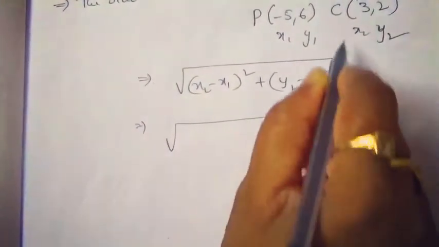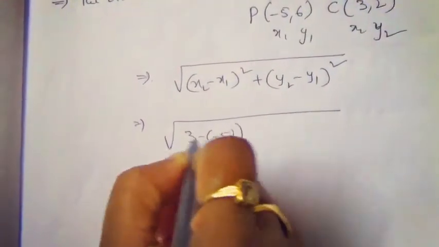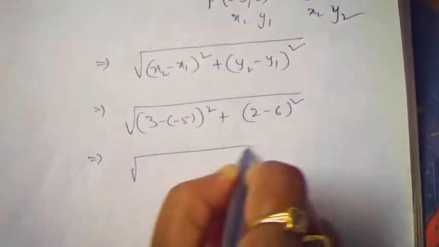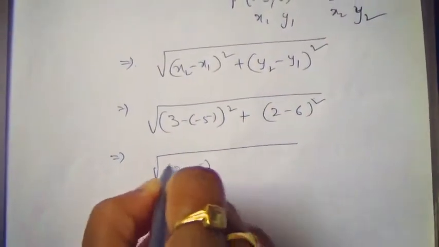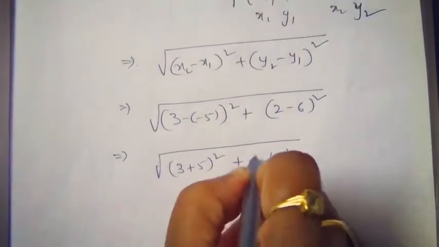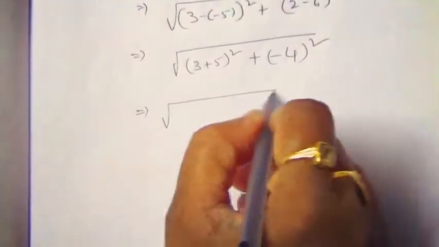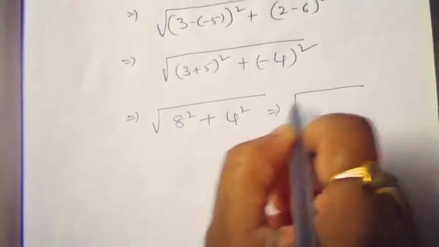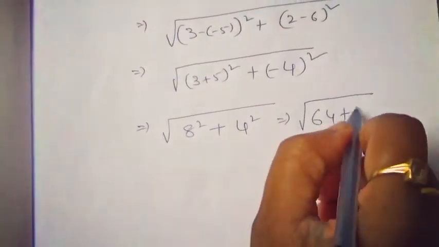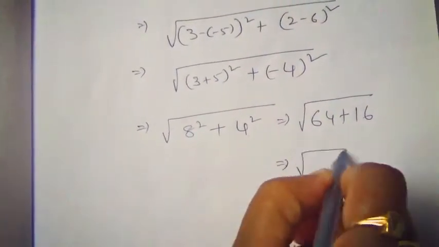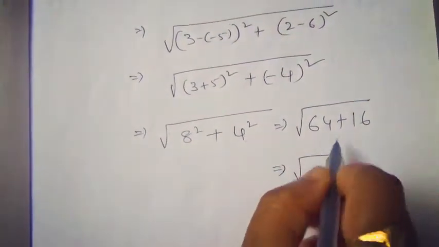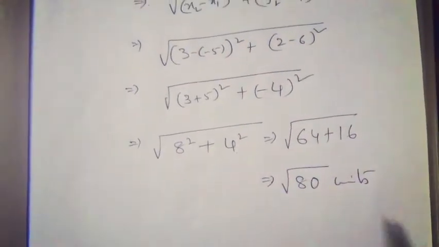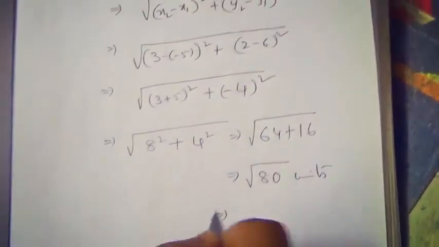That implies square root of (3 minus of minus 5) whole square plus (2 minus 6) whole square. That implies square root of (3 plus 5) whole square plus (minus 4) whole square. That implies square root of 8 square plus 4 square, which is square root of 64 plus 16. By adding these two, you will get square root of 80 units.